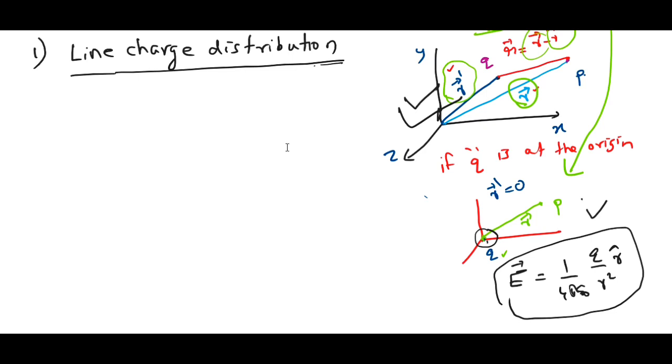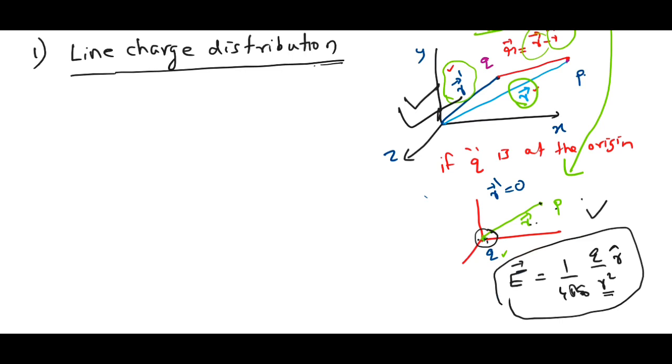Therefore, for the field point P, which is at a distance r from the line charge distribution, I will use this symbol r for the representation of the distance in the expression for the electric field.